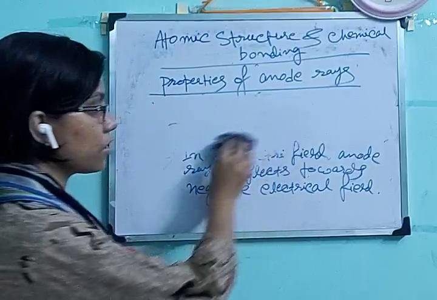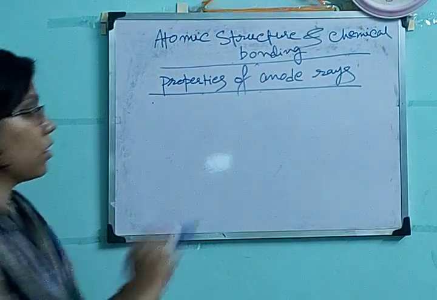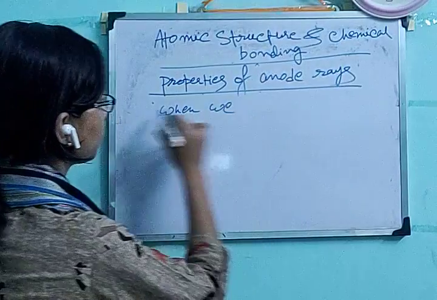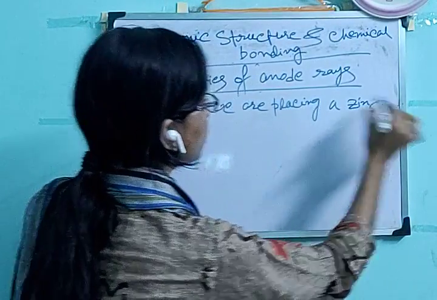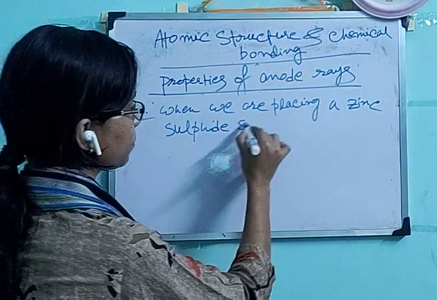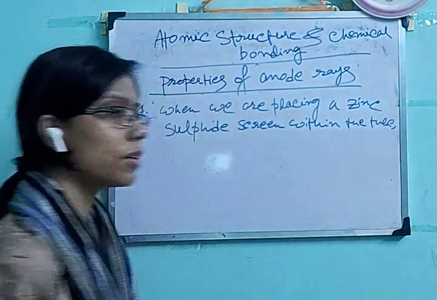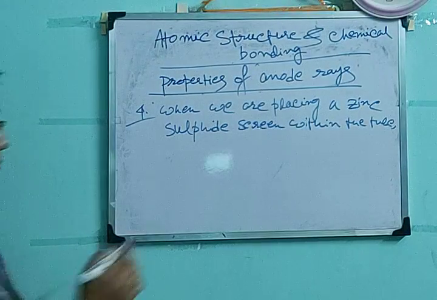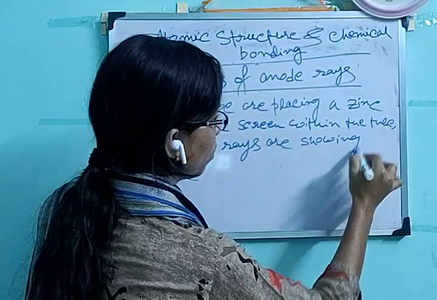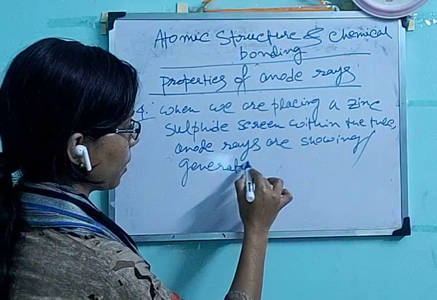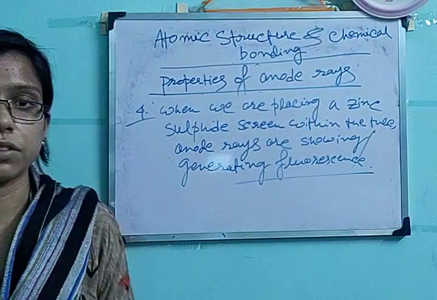Cathode rays generally show greenish yellow fluorescence in a soda glass, and when we place a zinc sulfide screen in that discharge tube, anode rays also generate fluorescence. So this is the fourth characteristic of anode rays.